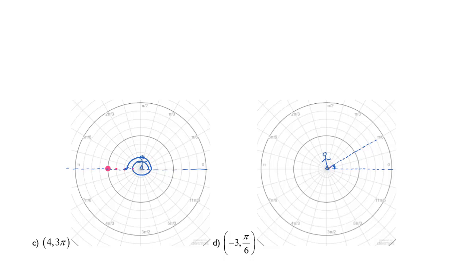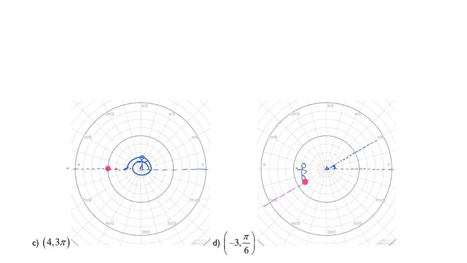So that would be along 7 pi over 6. And now I just need to figure out where that will be. So notice that I've taken pi over 6 and added pi to it, which will be equivalent to backing up 3 units. 1, 2, 3. There's my point at which I should now be standing.